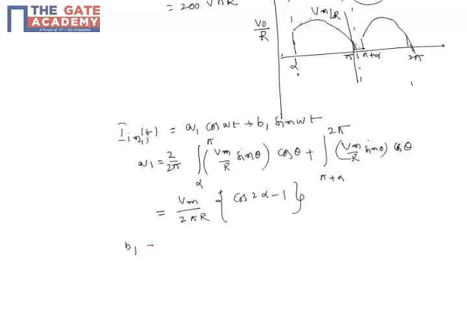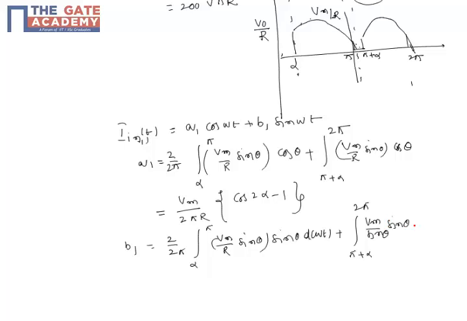Similarly, B1 equals 2 by 2 pi, integral from alpha to pi of Vm by R sin theta into sin theta d of omega t, plus the integral from pi plus alpha to 2 pi of Vm by R sin theta into sin theta d of omega t. If you simplify this, you will get Vm by 2 pi R into 2 into pi minus alpha plus sin 2 alpha. So this is A1 and this is B1.